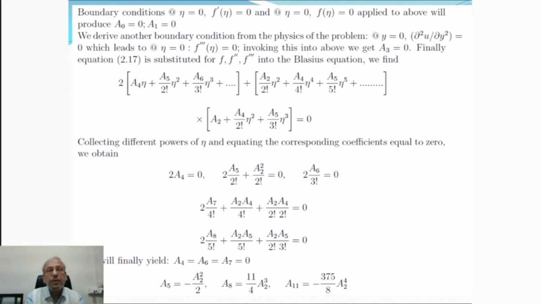Nu cannot be 0, so del 2u del y2 is 0 at y equal to 0. And del 2u del y2 is basically f triple prime in terms of the eta variable. So at y equal to 0, del 2u del y2 is 0, which leads to at eta equal to 0, f triple prime eta equal to 0.